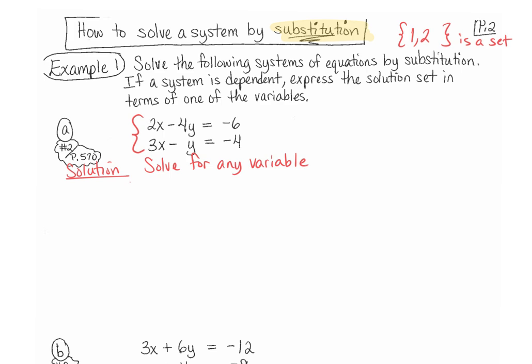Okay? So we have 3x minus y equals negative 4. So I'm going to choose to solve for, guess what? Y, right? Okay, so we're going to add 4 to both sides, and then we're going to add y to both sides.